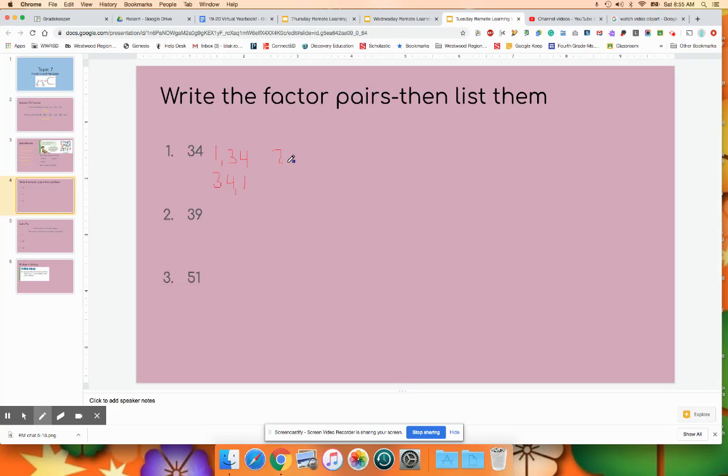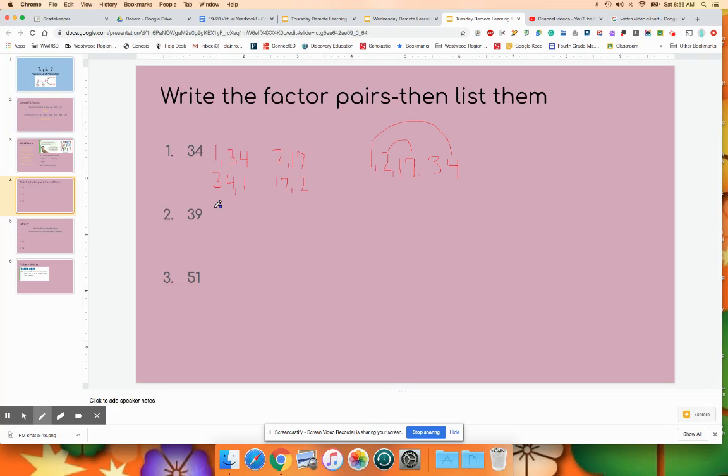So 2 times something has to give me 34, and it's 2 times 17. So then flip it, 17 times 2. So these are my factor pairs. And now I need to list them. So I'm going to go with 1, 2, 17, and 34. Okay? And if you notice again, they all have a partner. 1 and 34 are partners, and 2 and 17 are partners.